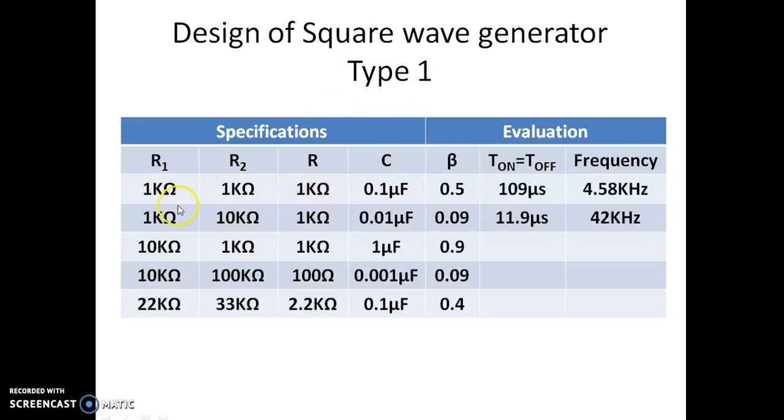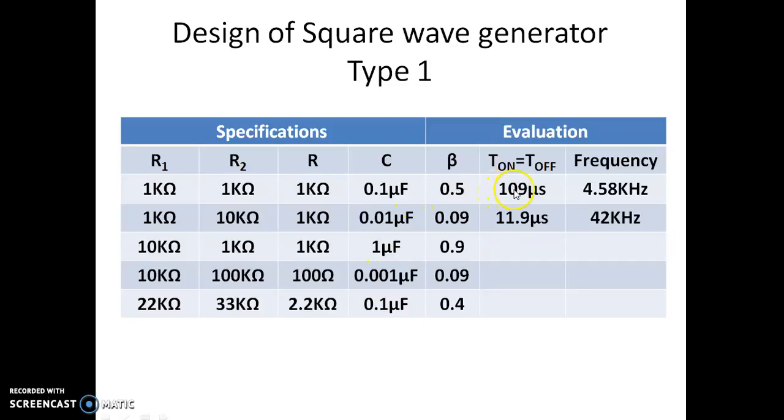In type 1, we are assuming the values of R1 and R2. If R1 and R2 are 1K, 1K, the timing resistor happens to be 1 kilo ohm, and the value of C is given. So we can estimate the value of beta.